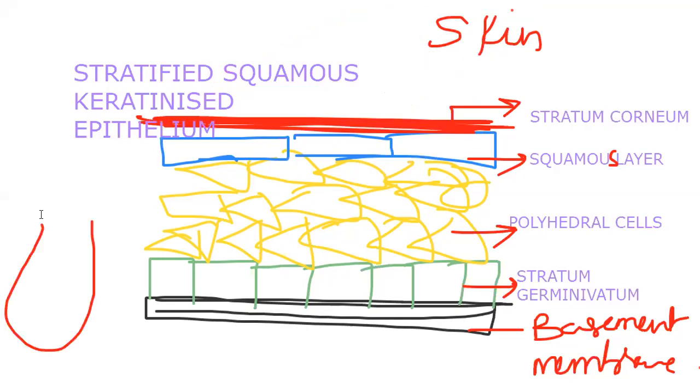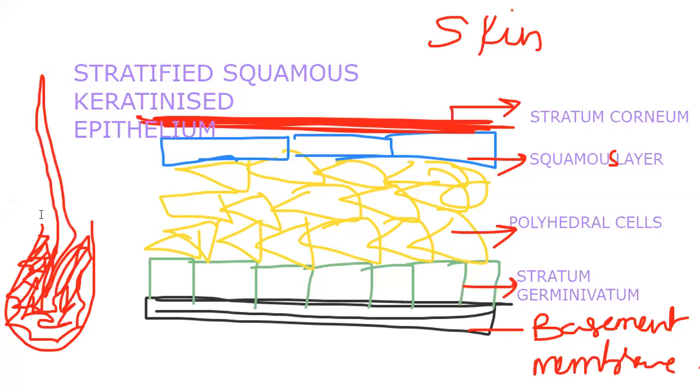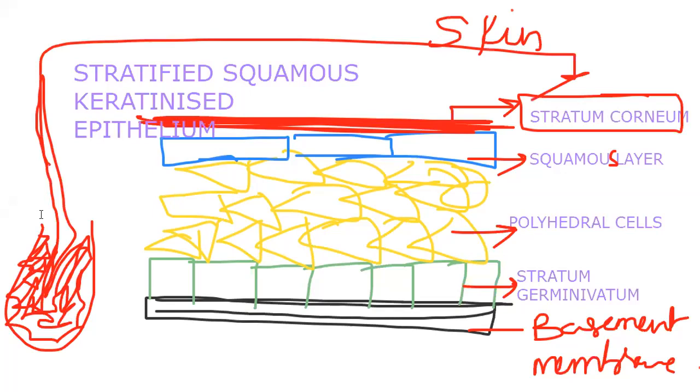In the hair follicle, our setup will be seen as well: basement membrane, and polyhedral cells produced, which become squamous and die, and your hair is keratinized. Stratum corneum is your nail. Stratum corneum is your hair. Stratum corneum is the upper layer of your skin.